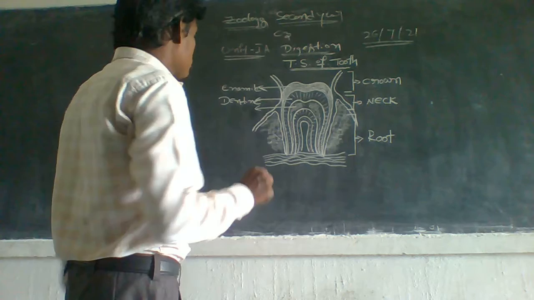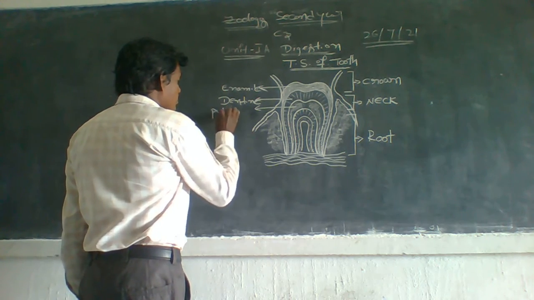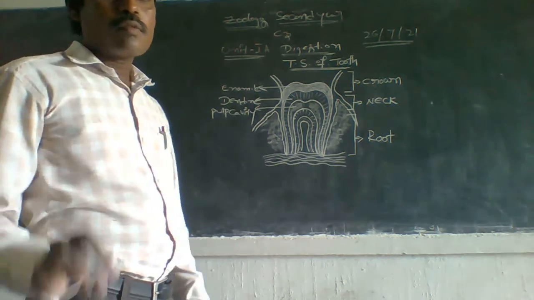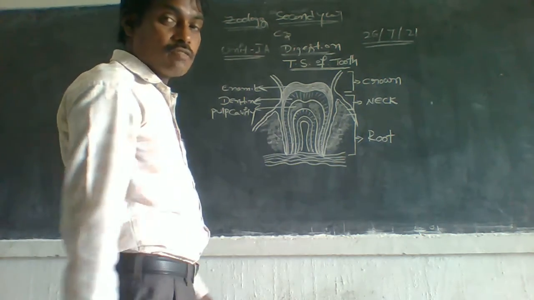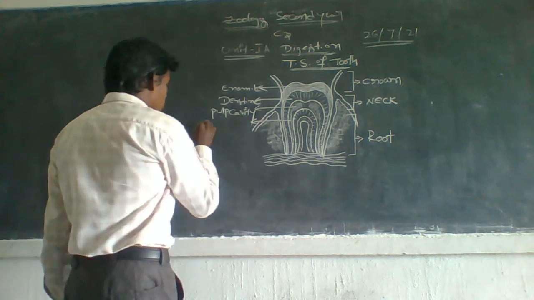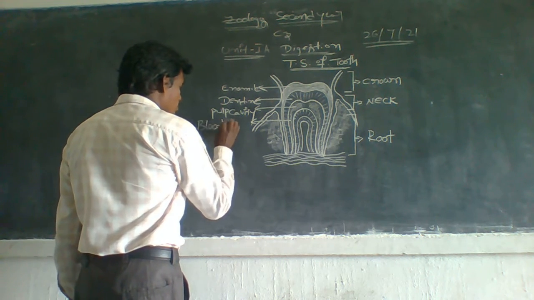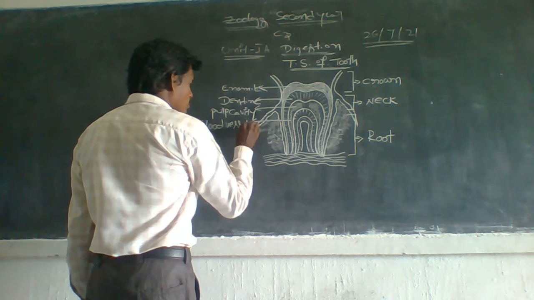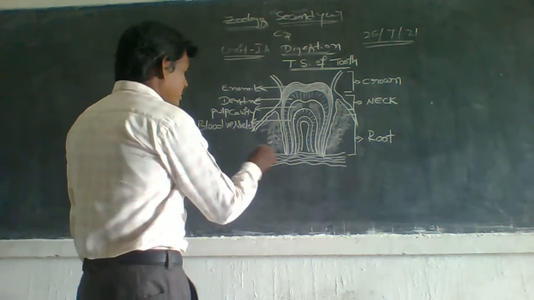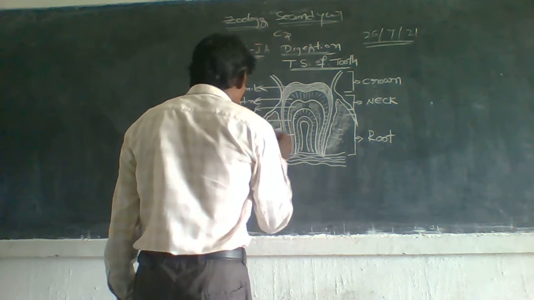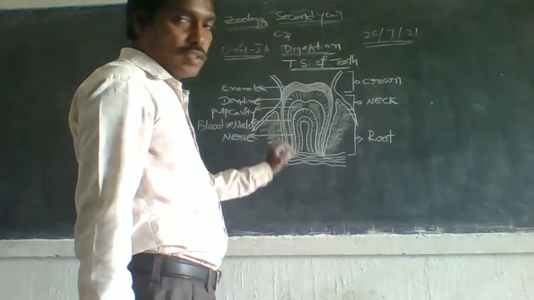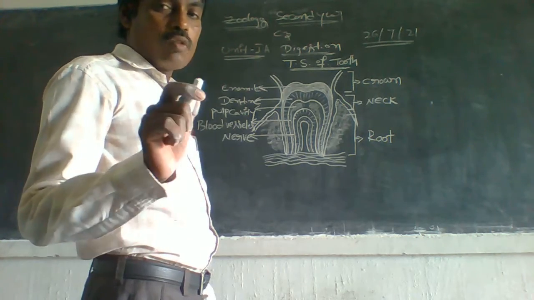Next, blood vessels. And next one, nerve. This is the nerve. Next one, jawbone.